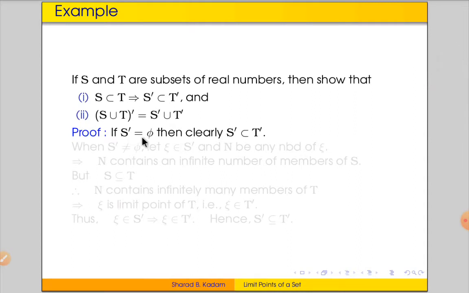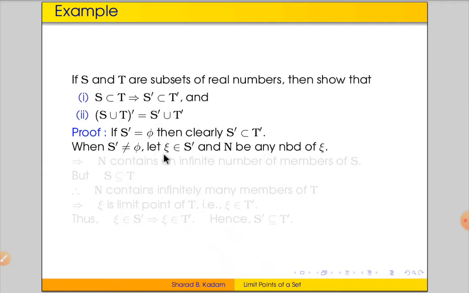If S prime is empty, then obviously we know that empty set is subset of every set. So that is why S prime is subset of T prime. So if S prime is non-empty, then S prime will contain at least one element.